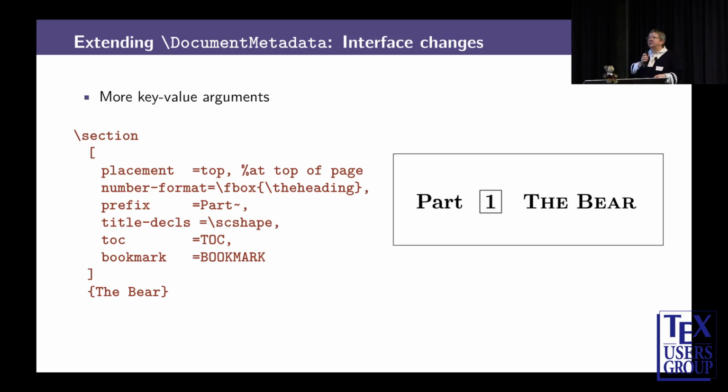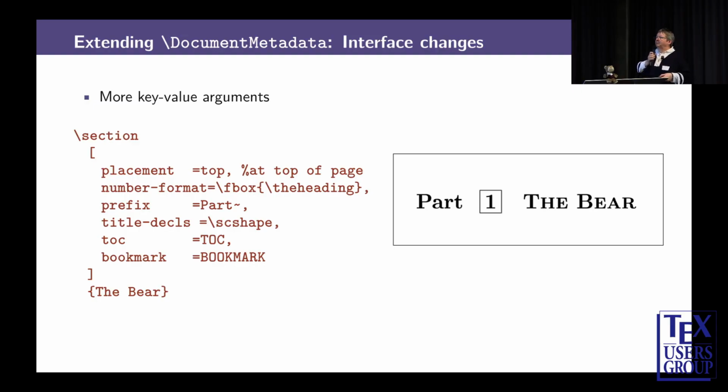One example is that the section command's optional argument is now a key-value argument, and so you can configure the section in this argument. Here I put, for example, placement top, which means that this section starts at the top of a new page.